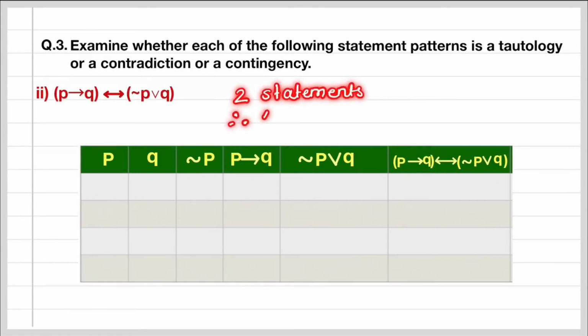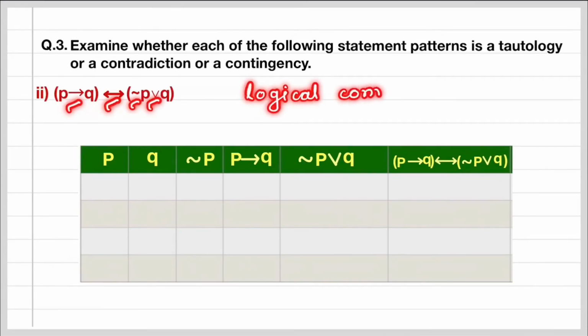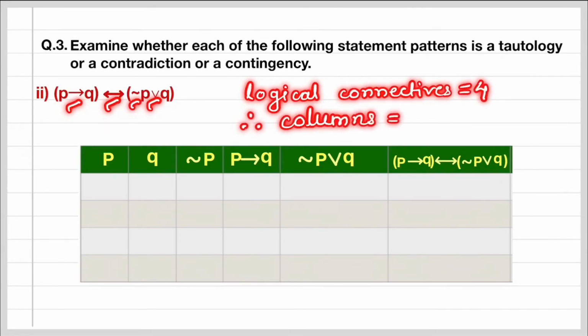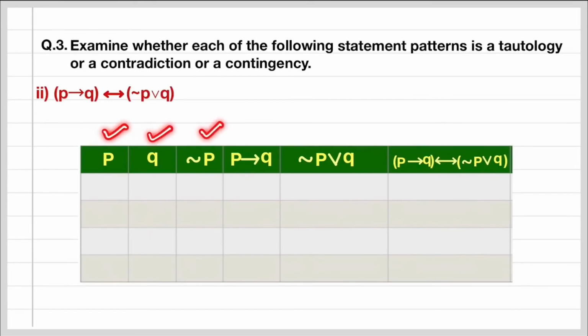All of us know the rule for rows. And how many logical connectives? 4 logical connectives. That means columns is equal to 2 plus 4 is equal to 6. We have to make a truth table with 4 rows and 6 columns. These are the 6 columns and these are the 4 rows.